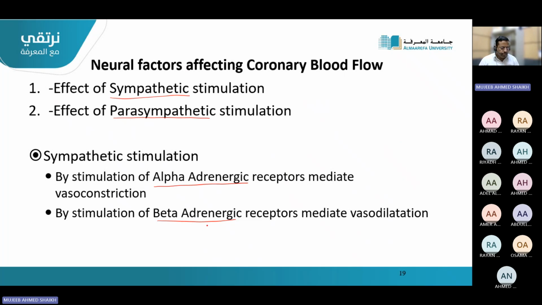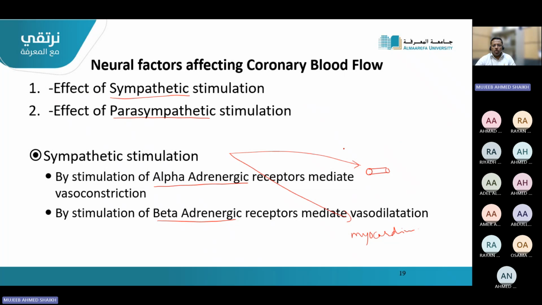In the heart, we have two types of receptor: alpha in the coronaries, and beta in the myocardium, the muscle. If sympathetic is stimulated, it will cause stimulation here and here, because it will work through both alpha as well as beta receptors.